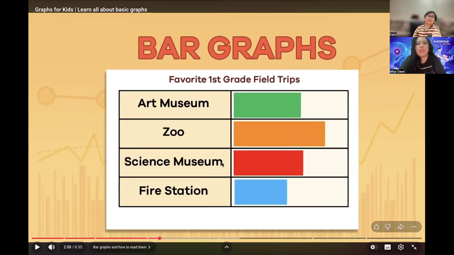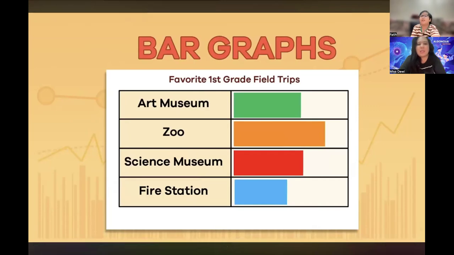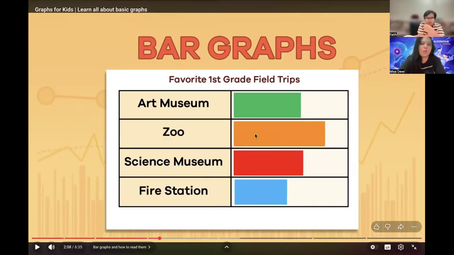Since we know already which destination has the most votes, it's the zoo, and they drew it in orange color with the highest, the longer bar in here. And then the least one, if you can see in here, is the fire station.